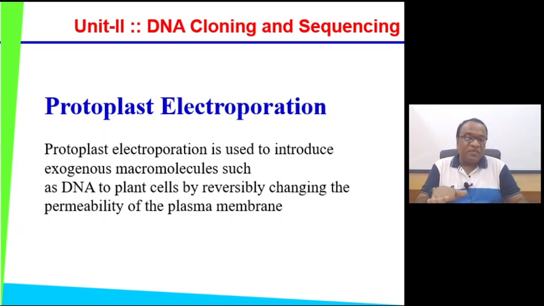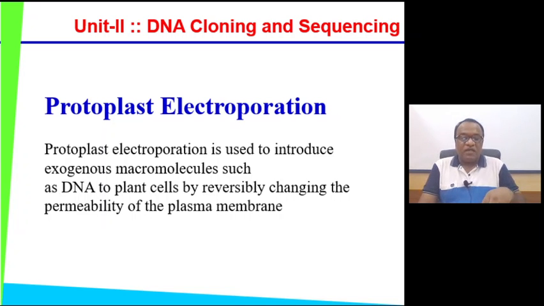But here it is making a reversible change in the permeability of the plasma membrane, so that the exogenous macromolecules such as DNA or the gene of interest can gain access into the cell through the plasma membrane.